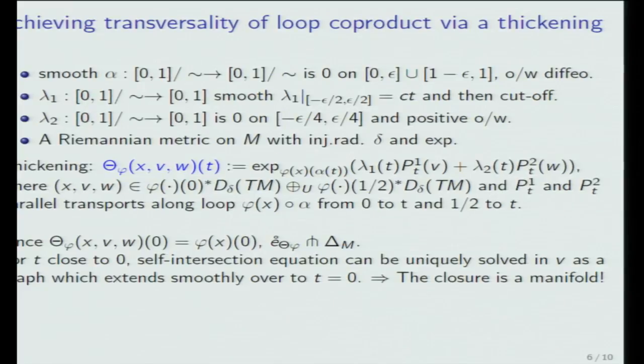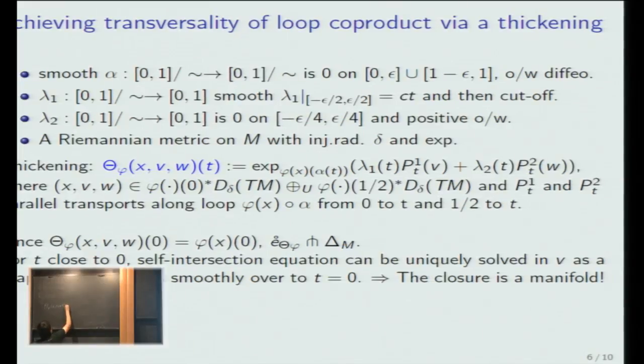Okay, for t close to 0, you can look at the self-intersection equation. Maybe I'll write here. I think if I draw high enough, people can see. So if you have this thing at 0 and at t, this is just the original thing at 0, and this is just the loop x composed with alpha.